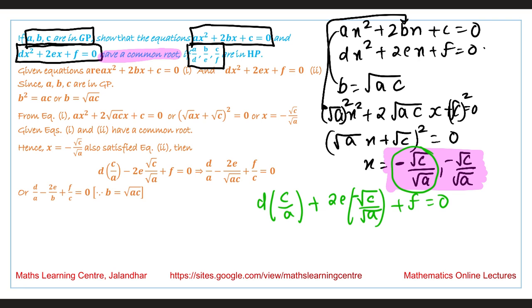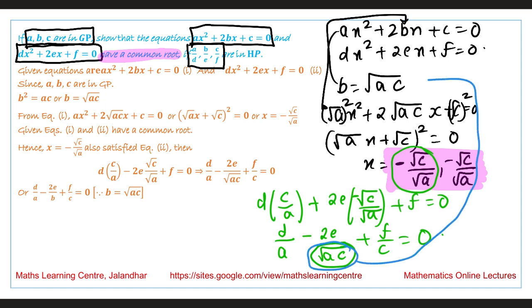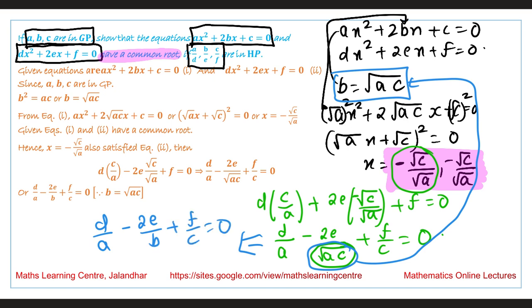So we write this in the form d/a minus 2e/√(ac) plus f/c equals 0. And what is √(ac)? The value of √(ac) is equal to b. So this implies that d/a − 2e/b + f/c = 0.